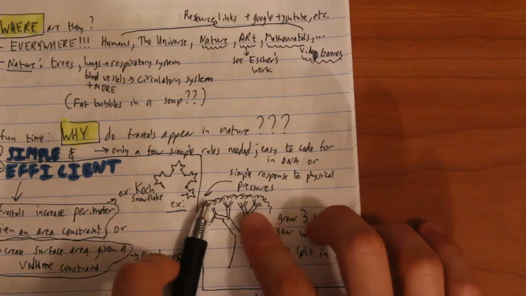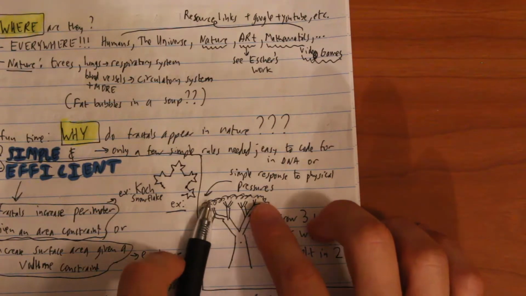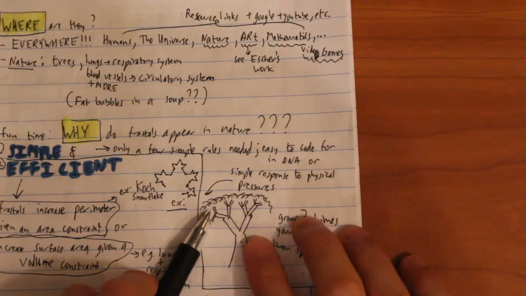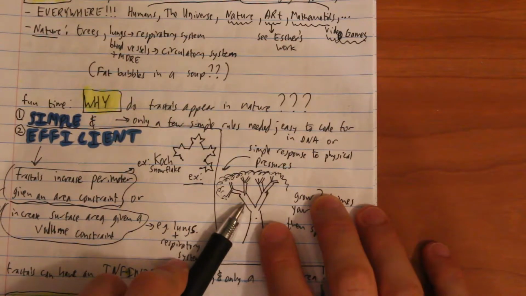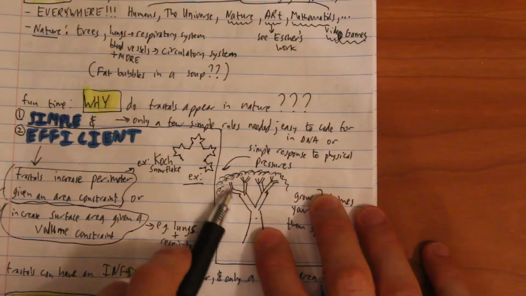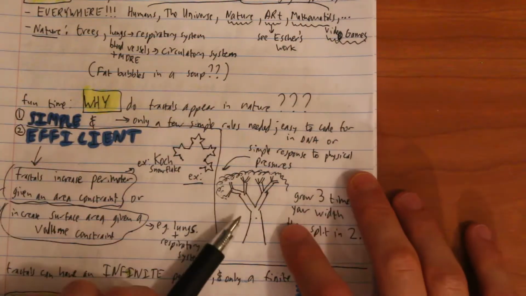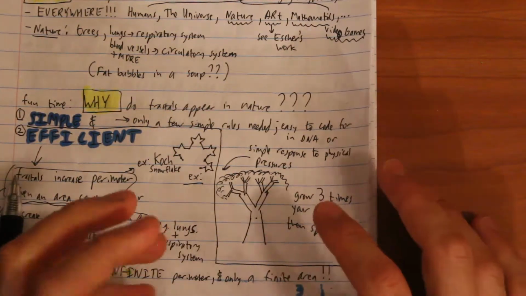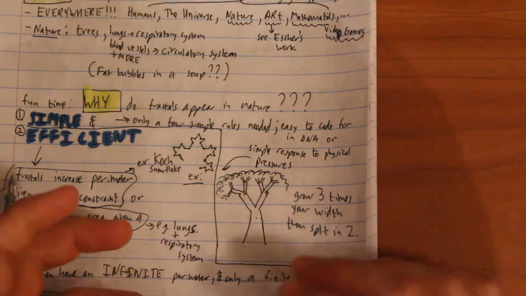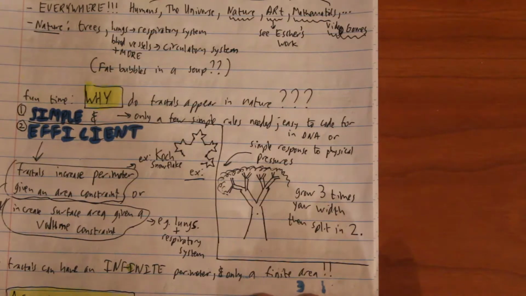By getting smaller and smaller, you're going to reach more and more of the regions. Why might we want this? Because we want it to penetrate into all the parts of the body. We don't want one huge lung, because then it can't reach your fingers, so it can't reach all the parts we need it to reach.